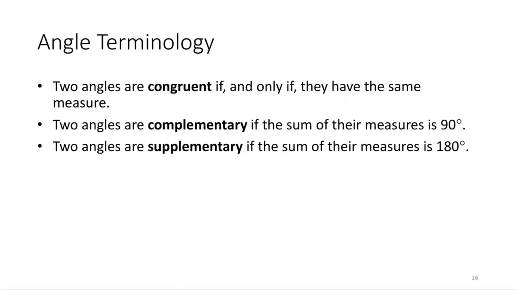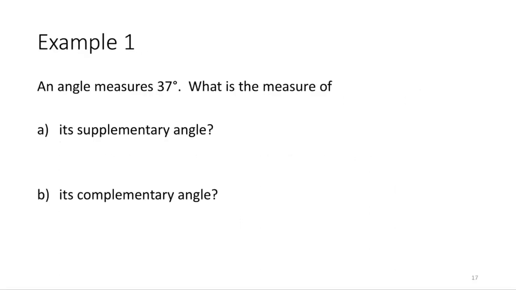Two angles are congruent if and only if they have the same measure. Two angles are complementary if the sum of their measures is 90 degrees. Two angles are supplementary if their sum is 180. So, for instance, say an angle measures 37 degrees.